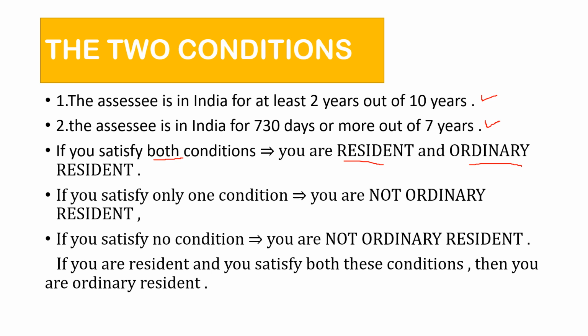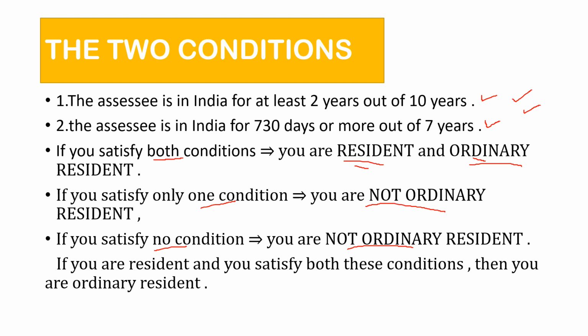You have to satisfy the first condition and you have to satisfy the second condition to become a resident and ordinary resident. If you satisfy only one condition, then you are not ordinary resident. If you satisfy no condition out of the two conditions mentioned in this slide, then you are not ordinary resident.